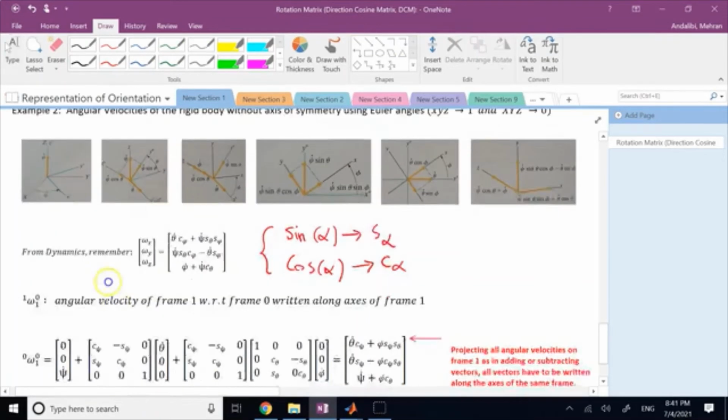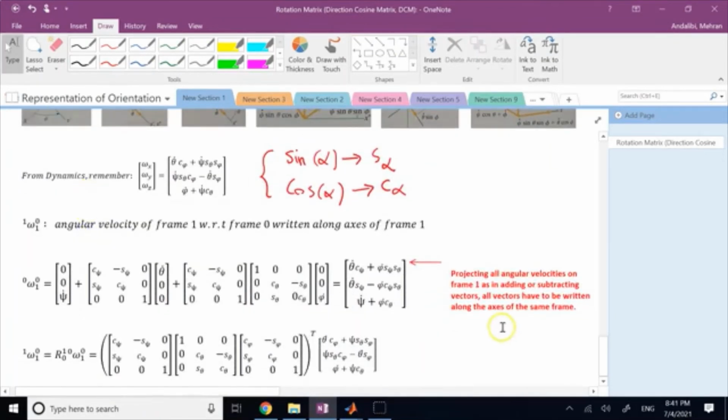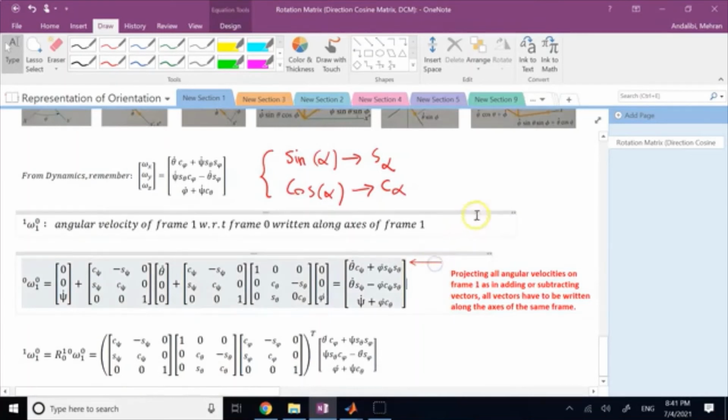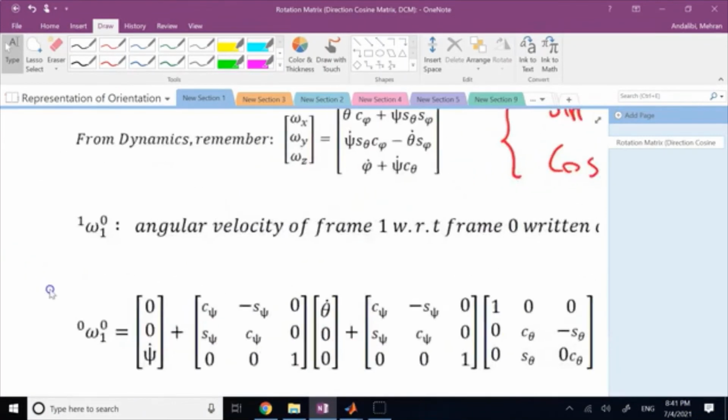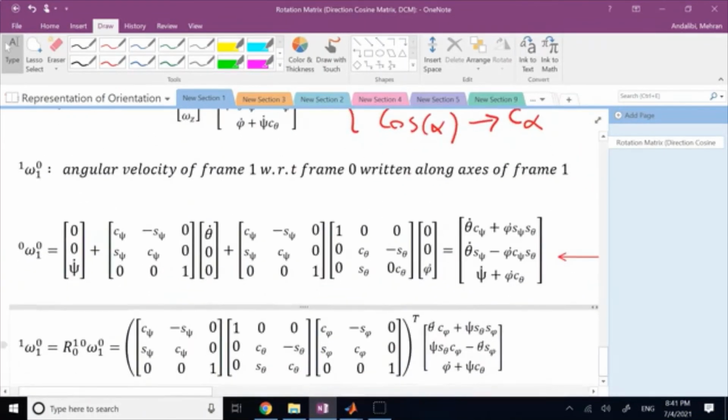And here I have to add another notation for you. In order to specify my omega a little bit cleaner, I have to use 3 sub and superscripts. So the notation I'm going to use is going to be like this: omega 101. What's the meaning of that? It means the angular velocity of frame 1 measured with respect to frame 0.